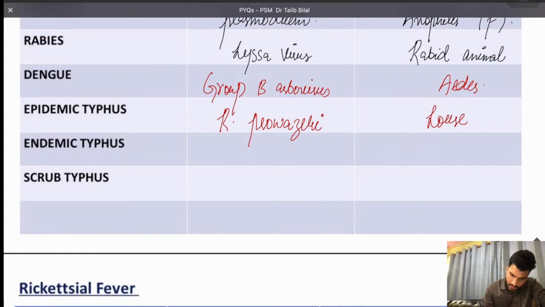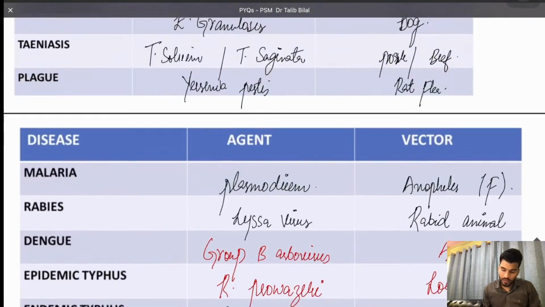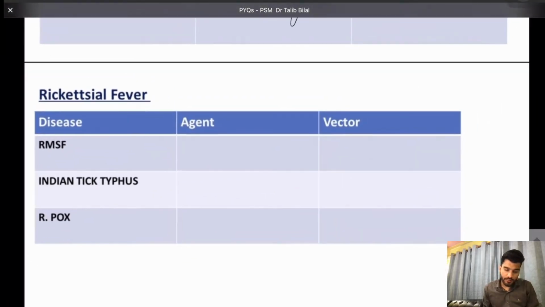Okay, here it's R. typhi, and vector is flea. For scrub typhus, it's Orientia tsutsugamushi, and vector is mite. Okay, followed by that, rickettsial fevers, guys.